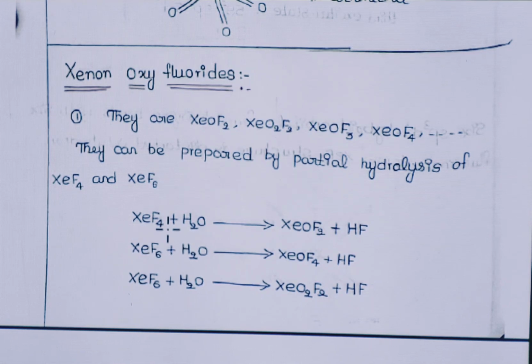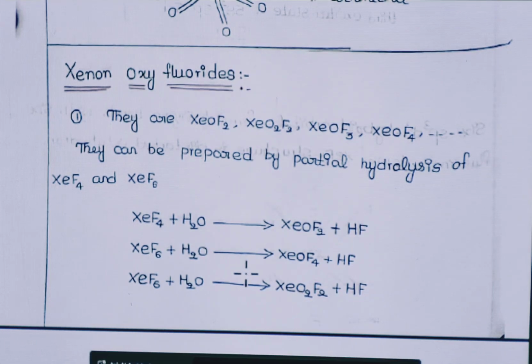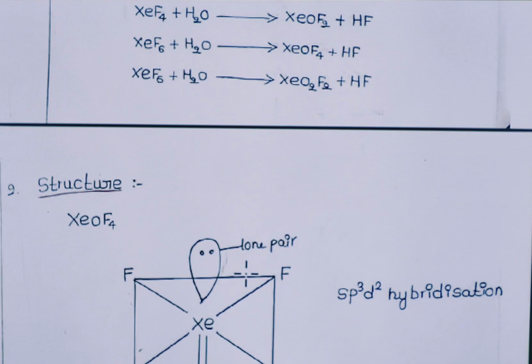On hydrolysis of XeF4, it gives XeOF2. On hydrolysis of XeF6, XeOF4 is formed. At the same time, XeF6 also reacts with water to give XeO2F2. So among these reactions we can say the xenon fluorides hydrolyze to give xenon oxyfluorides.